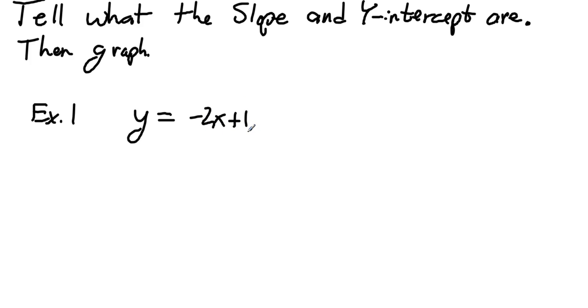Okay, so you've got y equals negative 2x plus 1. So your slope is your m value. In that case, it's negative 2. Your b value is positive 1. In that case, you can just put 1. And again, the b value, when you talk about these, that's where you begin.